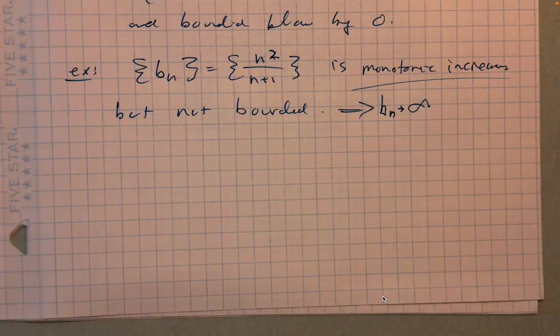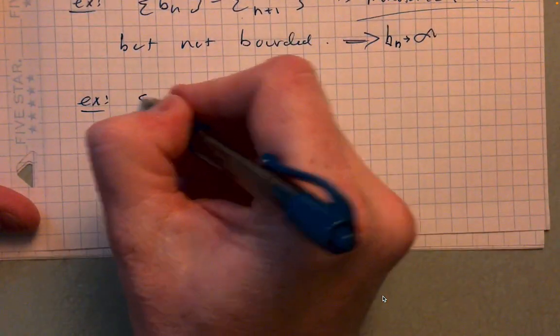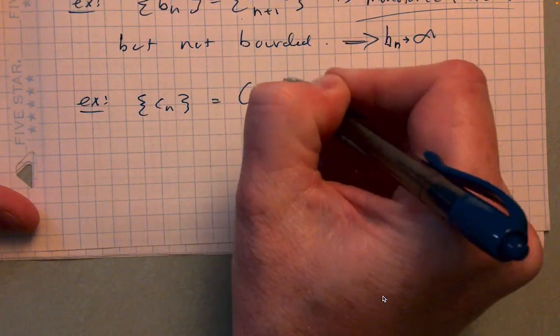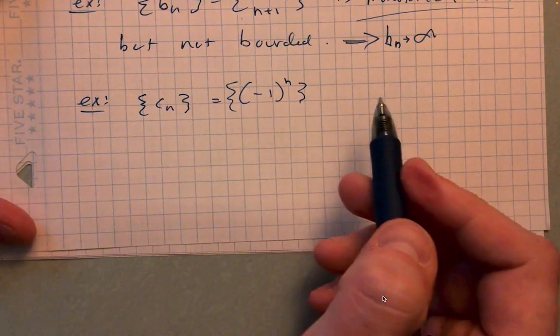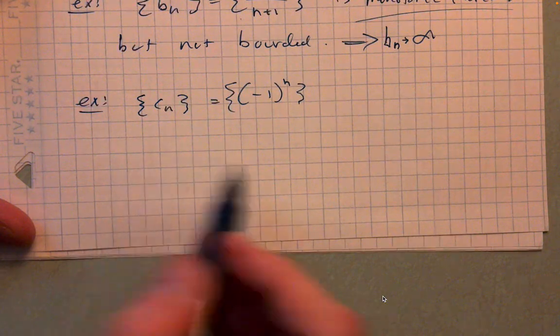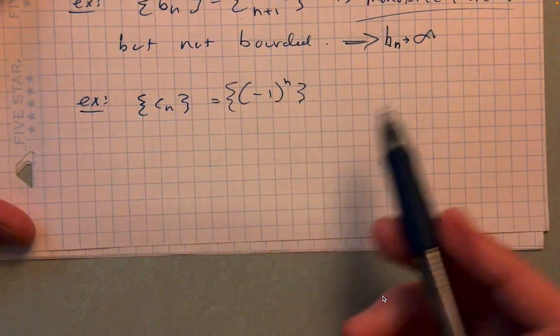It just diverges. What about this example? The good example. C of n equals negative 1 to the n. Well, definitely bounded. This is just -1, +1, -1, +1, -1, +1. It's definitely bounded above and below by 1 and -1.